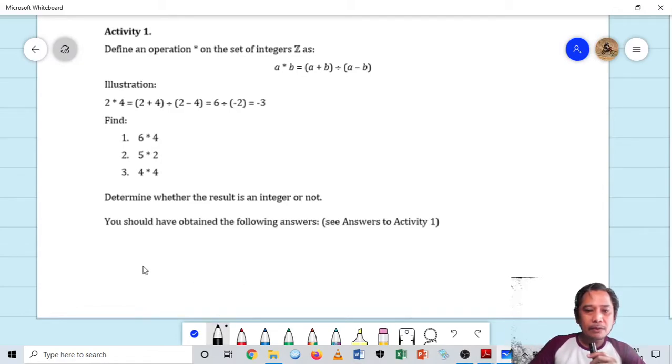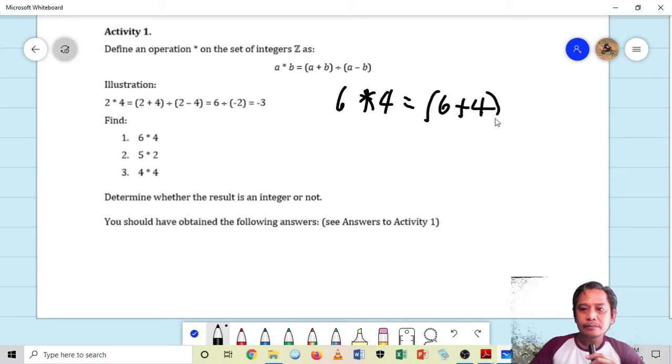So here in number 1, you have 6 operation 4. By definition, that should be equal to the sum of 6 and 4 divided by the difference 6 minus 4.